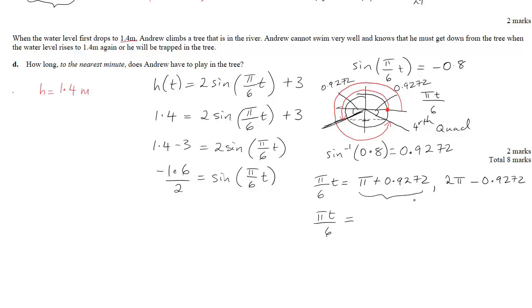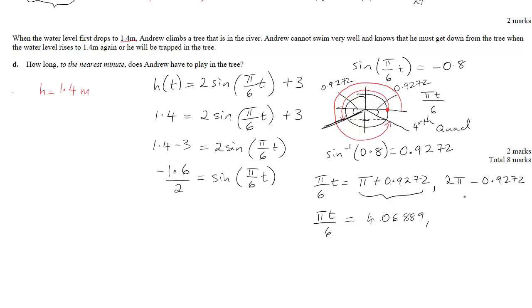So that adds to, I just calculated it right now, 4.0689, and this part here, 2 times pi minus 0.927, just working it out in your calculator.